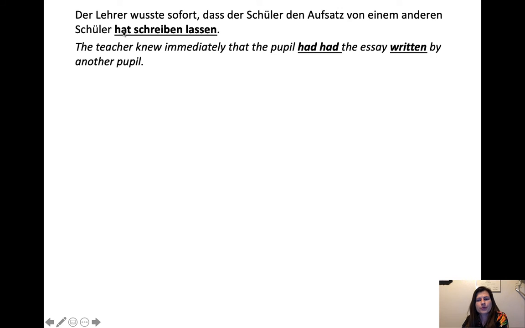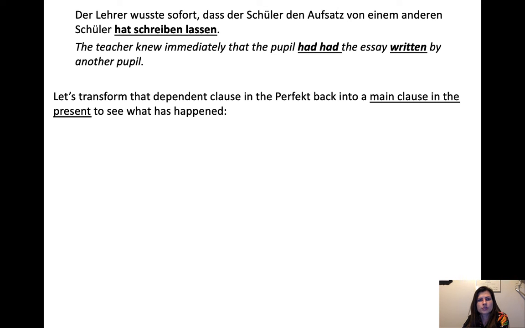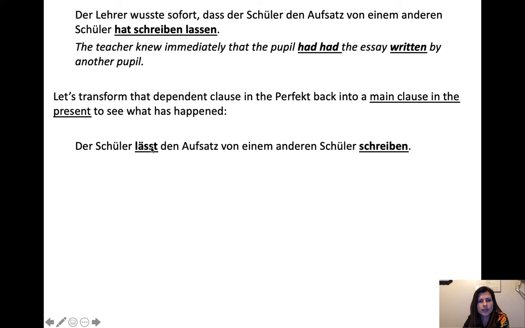Okay, so that's what we have, but let's take it back to a simpler version to see what's going on. So let's transform this dependent clause, starting with dass, it's a dependent clause, right? Let's transform that, and it's in the perfect, it's in the past tense. Let's make it into the simplest version we can, which is a main clause in the present to see what has happened. Der Schüler lässt den Aufsatz von einem anderen Schüler schreiben, which means in the present tense, the pupil has the essay written by another pupil.